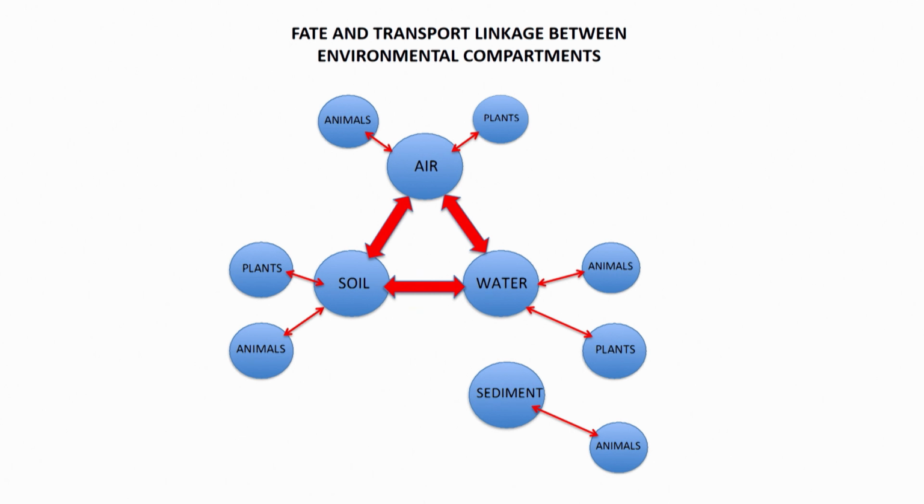If it is in soil, it can go to water and cause a groundwater pollution problem. If it is in water, it can go to air and cause an air pollution problem, and so on. If it is in any of these three major phases, it can also go into the other compartments associated with it, such as animals and plants, and also sediments. Sediments exchange with water, and there are animals and plants associated with the sediment as well.